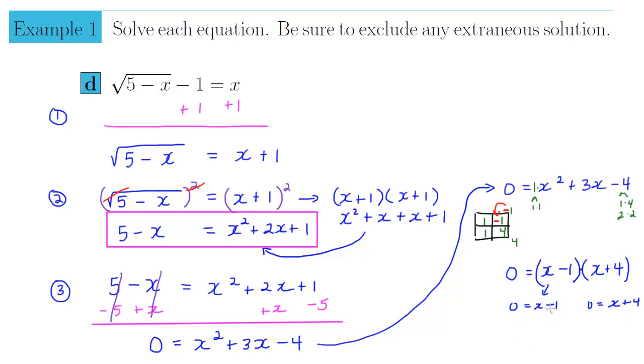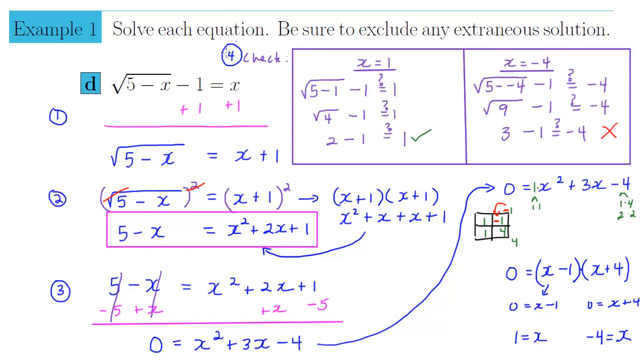Which gives me my two possible solutions: x equals 1 when I isolate in the first equation, or x equals negative 4 when I isolate in the second equation. Now the question becomes, do both of these work? We really do have to check here to make sure that both of these proposed solutions satisfy the original equation. So here's our final step.